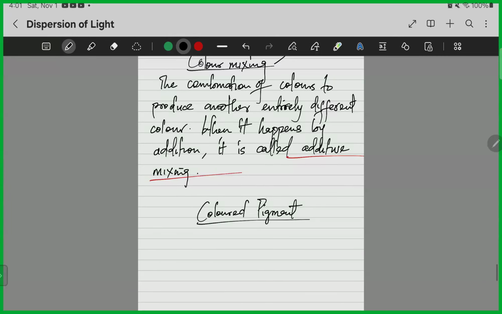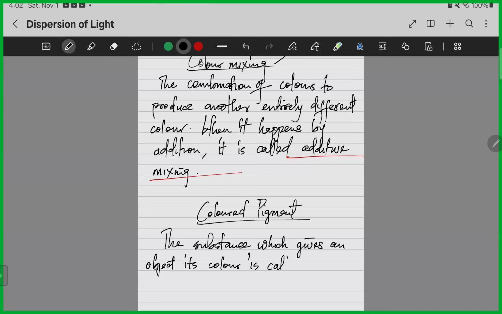Colored pigment has to do with the substance which gives an object its color.